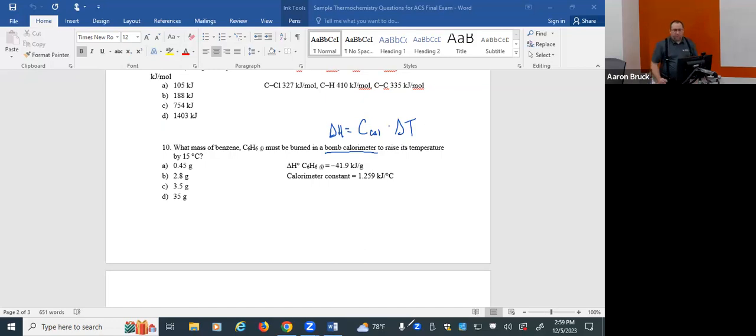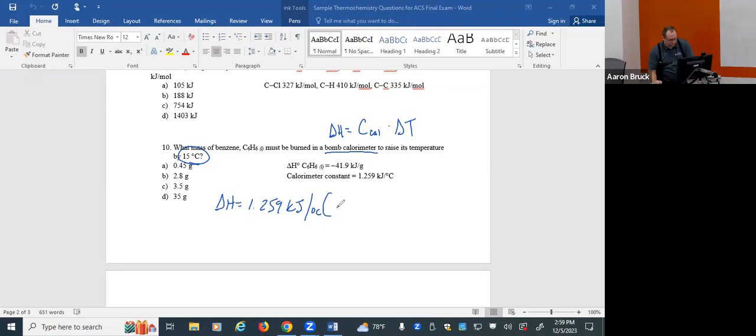And so if we remember that detail, the bits and pieces here will kind of start to spill from themselves a little bit. So to find enthalpy, I need to take the calorimeter constant and multiply it by our change in temperature.